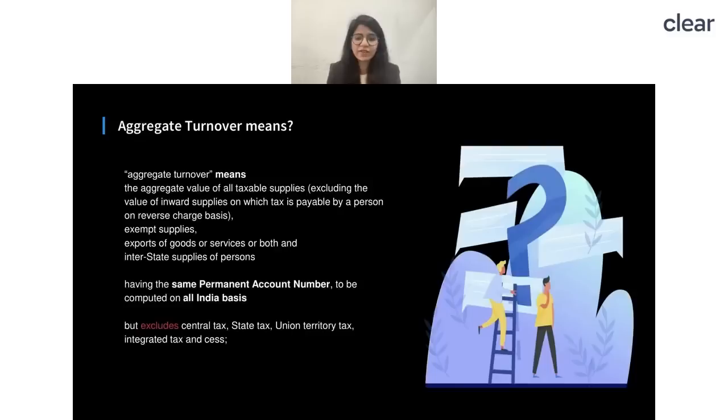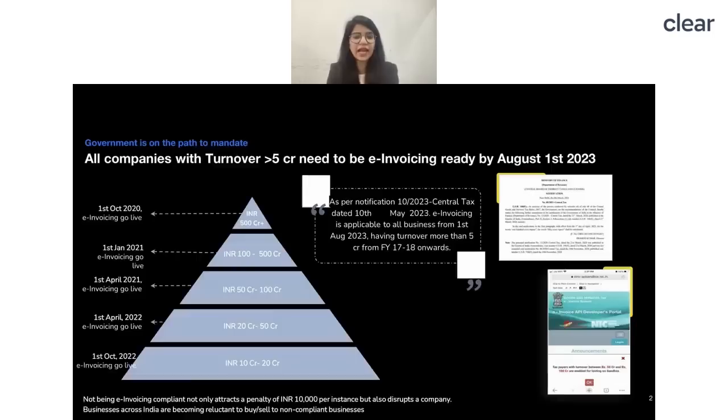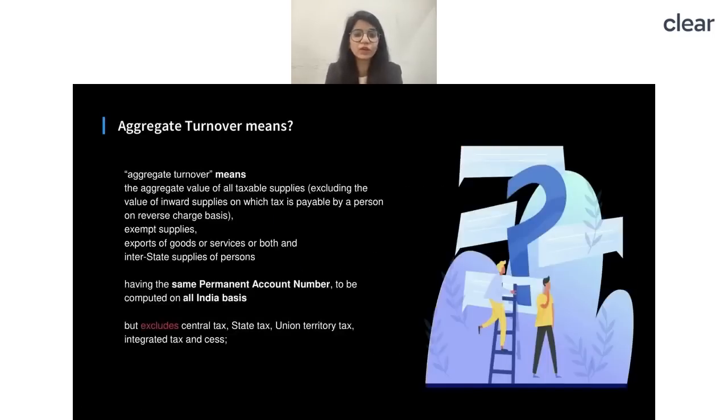Now we have understood. In short, when we talk about aggregate turnover, what exactly do we mean by that? It means the aggregate value of all your taxable supplies, excluding the value of inward supplies. So it does not include your purchases on which tax is payable by a person on a reverse charge basis.